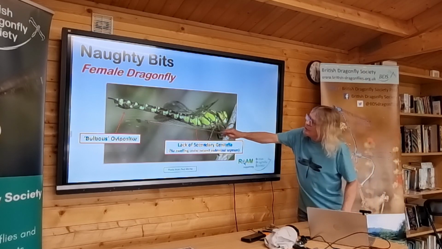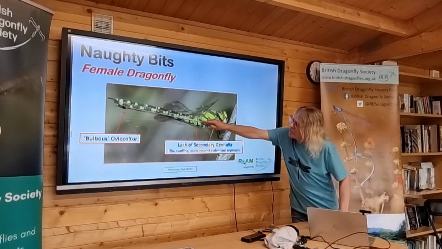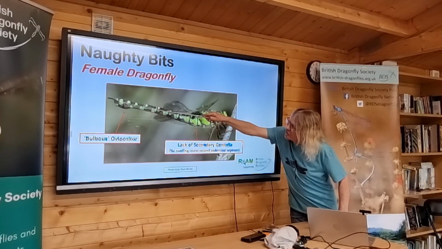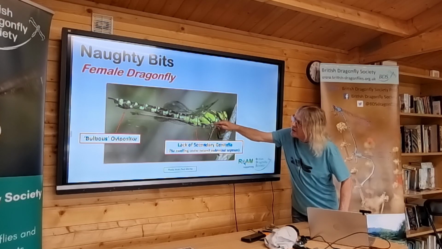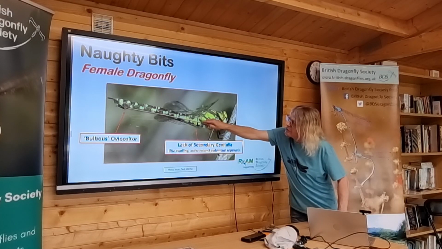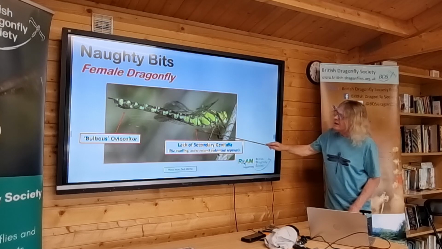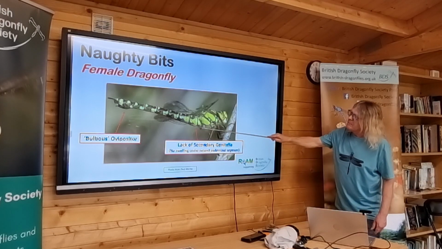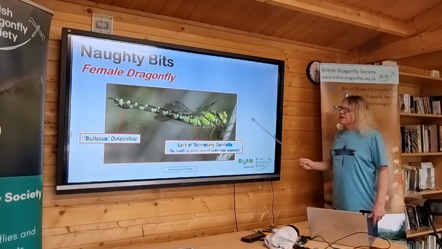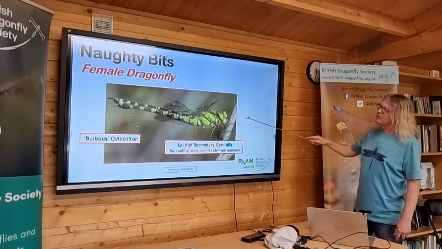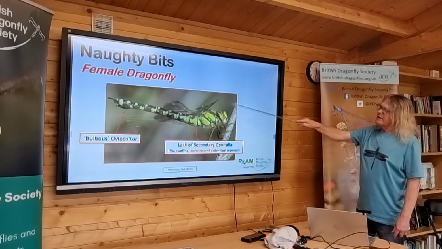So you can see here we've got the bulbous ovipositor again, the stylus, and the serrated bits are slightly inclined. They're not, because she's not actually egg laying at this point. They're slightly more inclined. And you can see that there's no bulbous lumps coming down here at all, no secondary genitalia. So you could be 100% sure that if you saw that, you'd know that it was the female of the species.